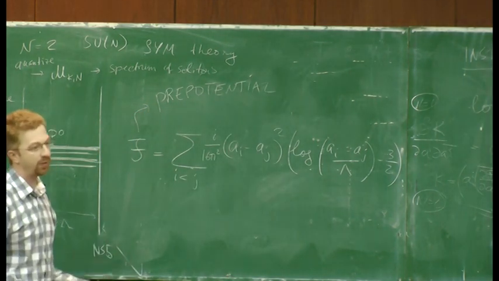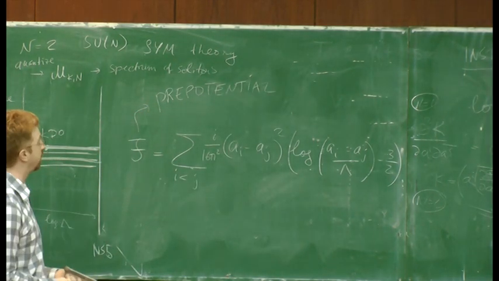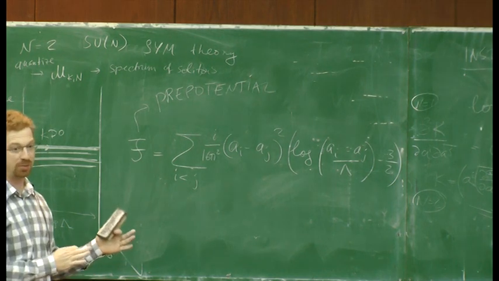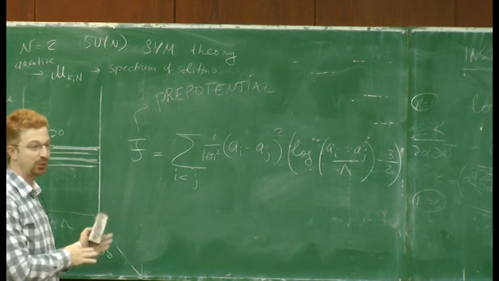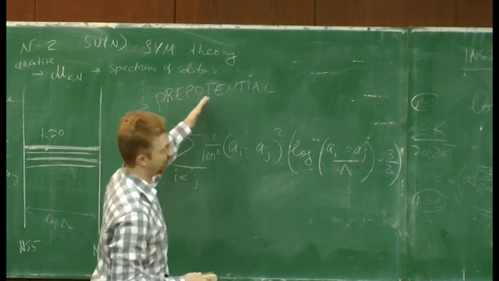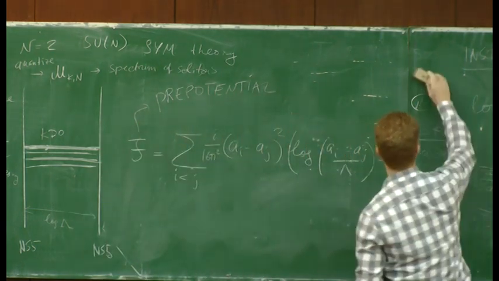So in bosonic theories, you have a potential. In N=1 supersymmetric theories, the potential is computed from the superpotential, and in N=2 theories, there is a prepotential from which you derive everything.